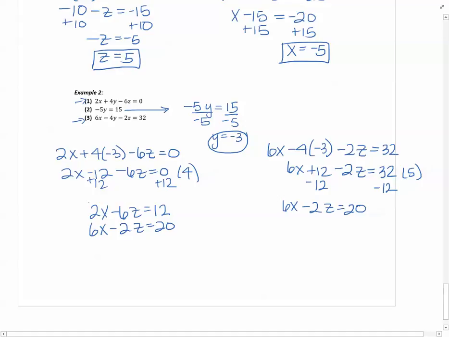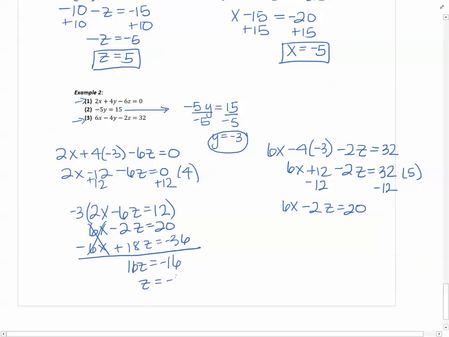I'm going to multiply this top equation by a negative 3. So that gives me negative 6x plus 18z is equal to negative 36. And then the system cancels out the x's, and I have 16z is equal to negative 16.